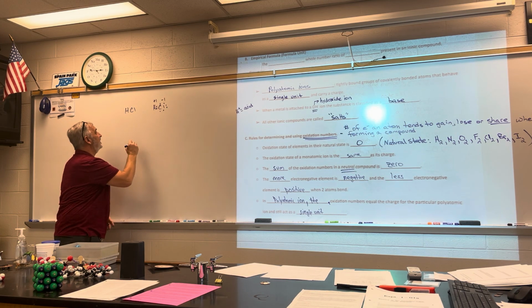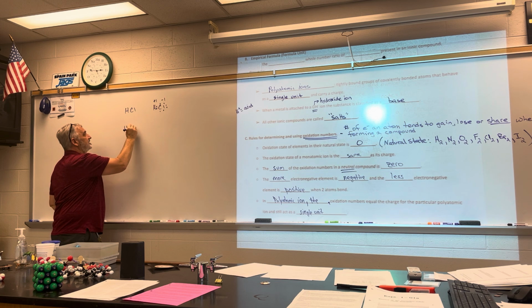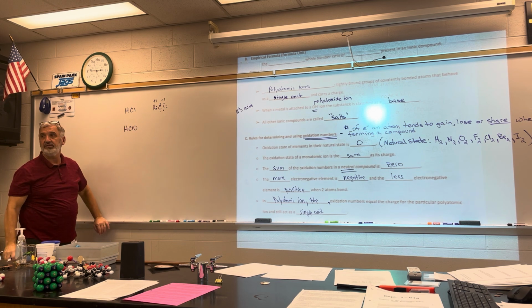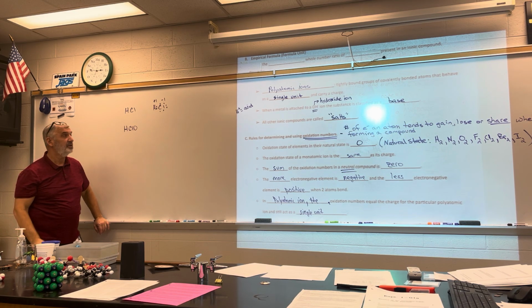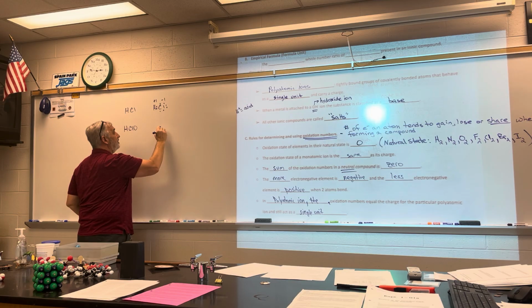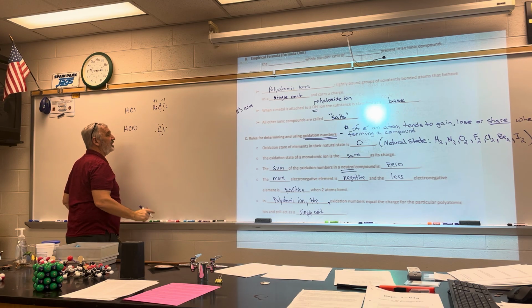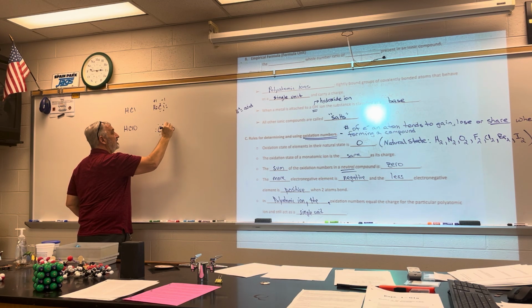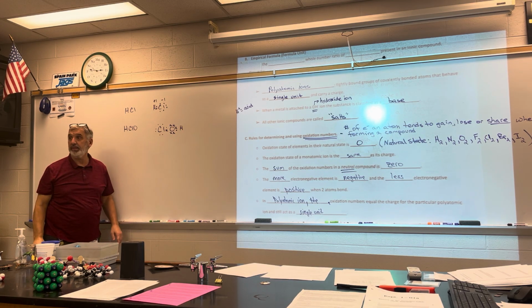But I can also have HClO. Now, in this one, remember, where's the hydrogen going to attach? To the O. Okay, so now I have chlorine, still with its 7 electrons, and oxygen can come in here with its 6 electrons, and then the hydrogen can come there and attach to the oxygen.